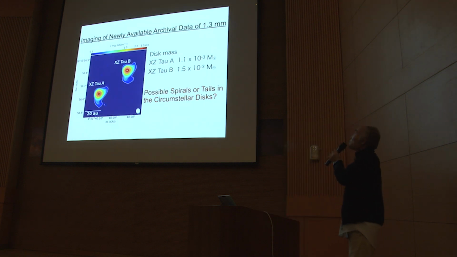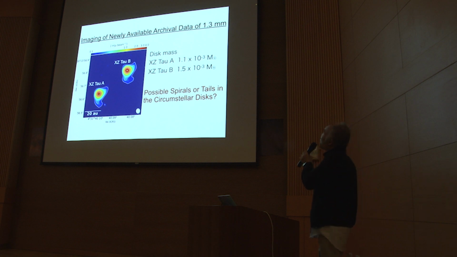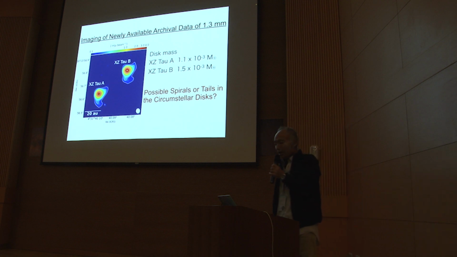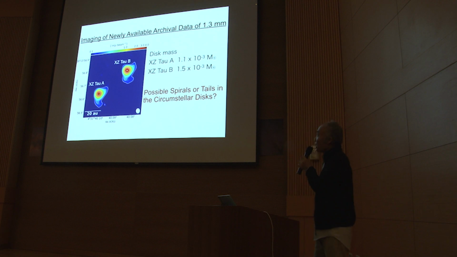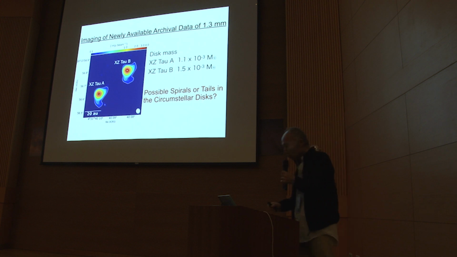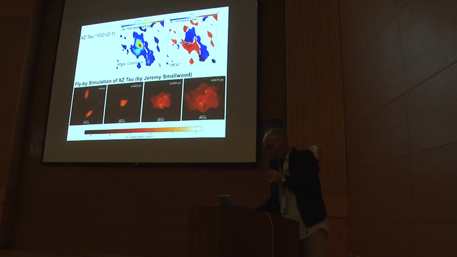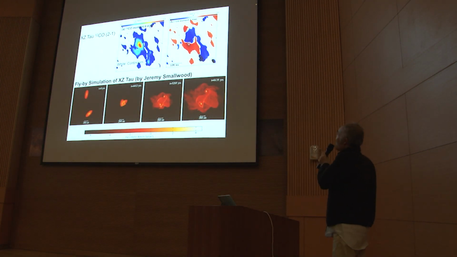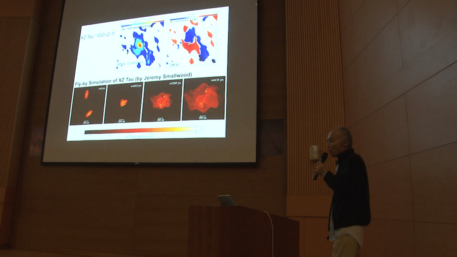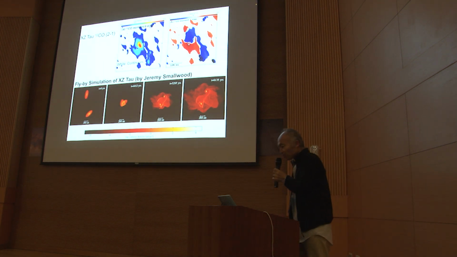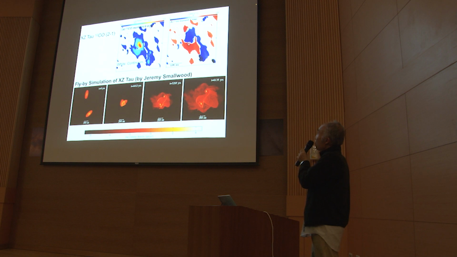Then we imaged newly available archival data of Exeter at 1.3 millimeter. So again, I already showed you this kind of possible structure or tail. And this is newly available molecular line data of Exeter. So this white contour shows the 1.3 millimeter continuum.